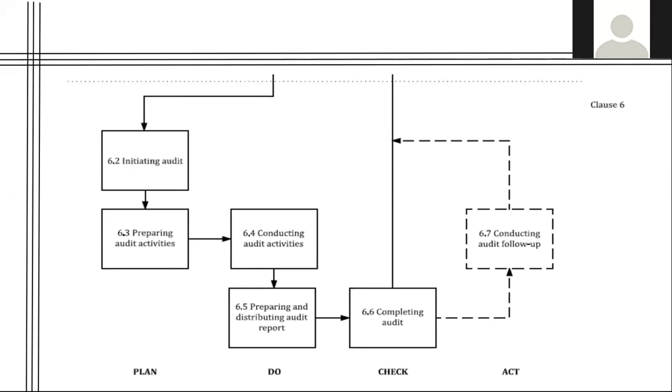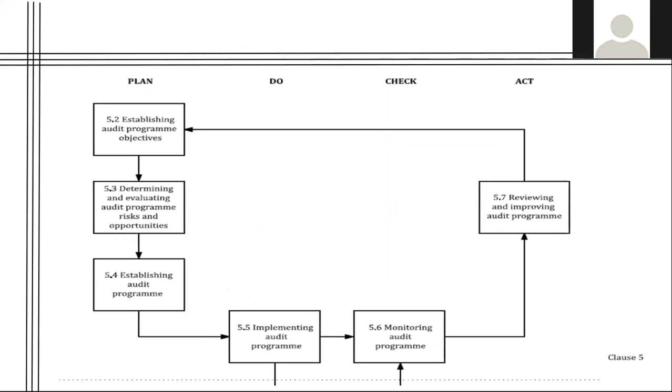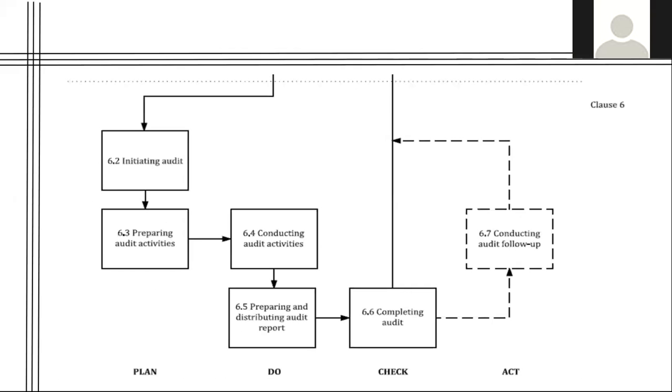Because 6.7 is telling us to do a follow-up, right? So we do a follow-up where we see whether our implementation has gone correctly or not. Yes. So actually 5.5 becomes 6.2. From 5.5 we come to 6.2. And from 6.6 we go to 5.6. Correct, sir. This is a single flow chart.